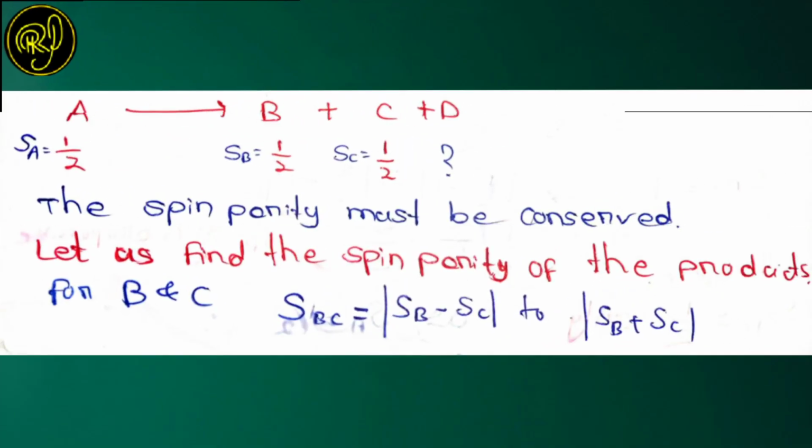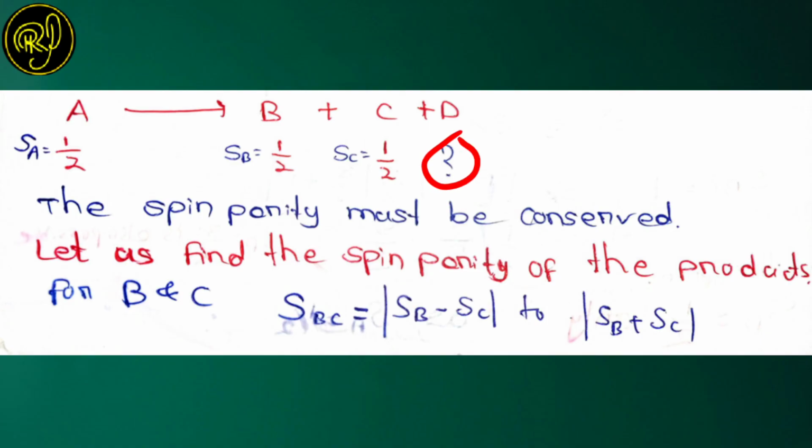Now the given reaction is A is getting converted to B plus C plus D, where we just have to find the value of the spin of D. Let SA denote the spin of particle A, SB denote the spin of particle B, SC denote the spin of particle C, and all are half. Now let SD be the spin of D, and we just have to find it.